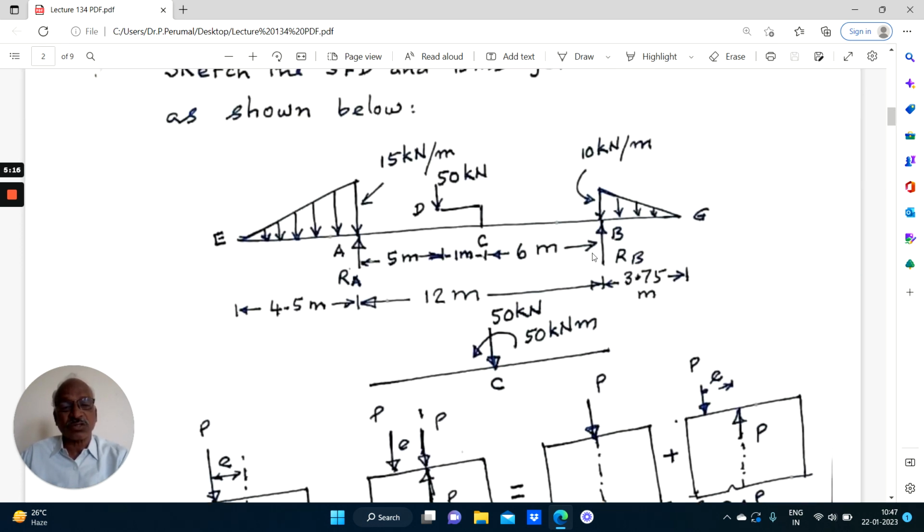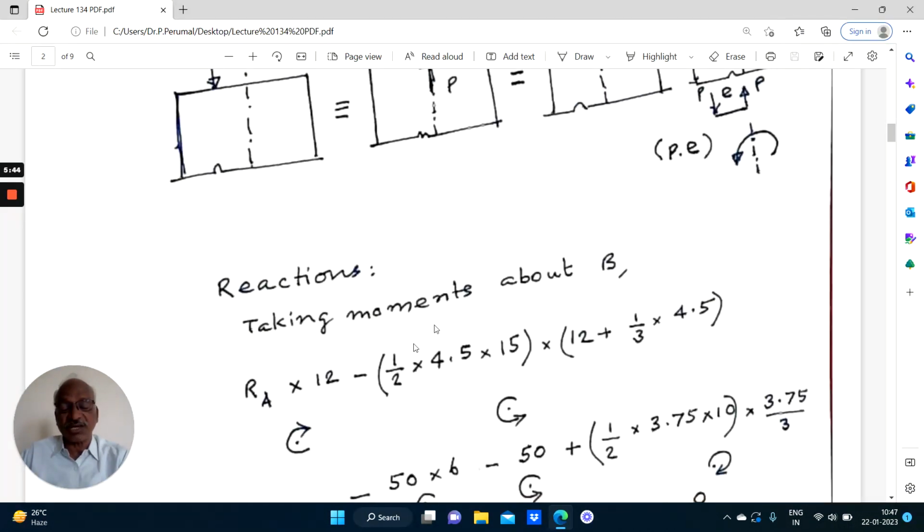This calculation will not repeat. Just so about B, it is RA into 12 minus this load into the distance, which is 12 plus 1/3 of 4.5, and this force 50, and also this moment. So this will be causing anti-clockwise moment, and this will be causing a clockwise moment. If that sign and other things are considered, this equation will be simple.